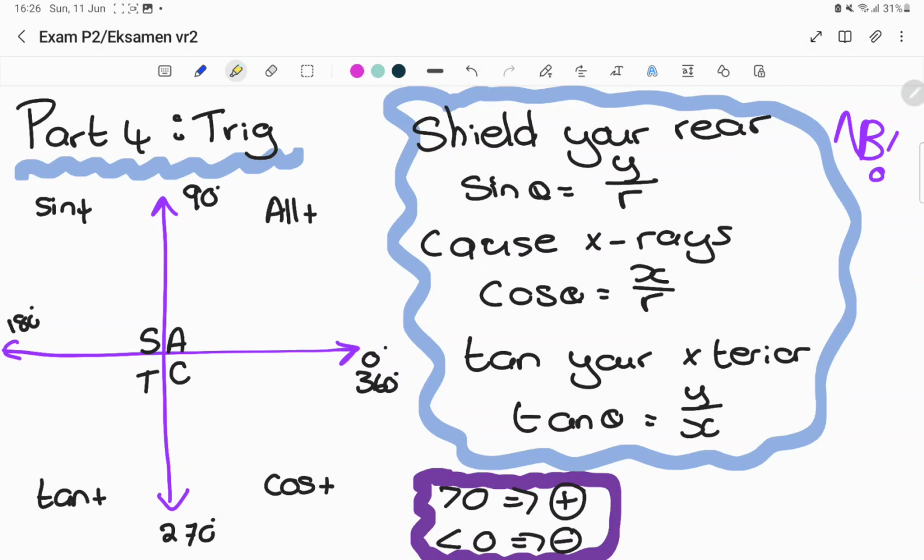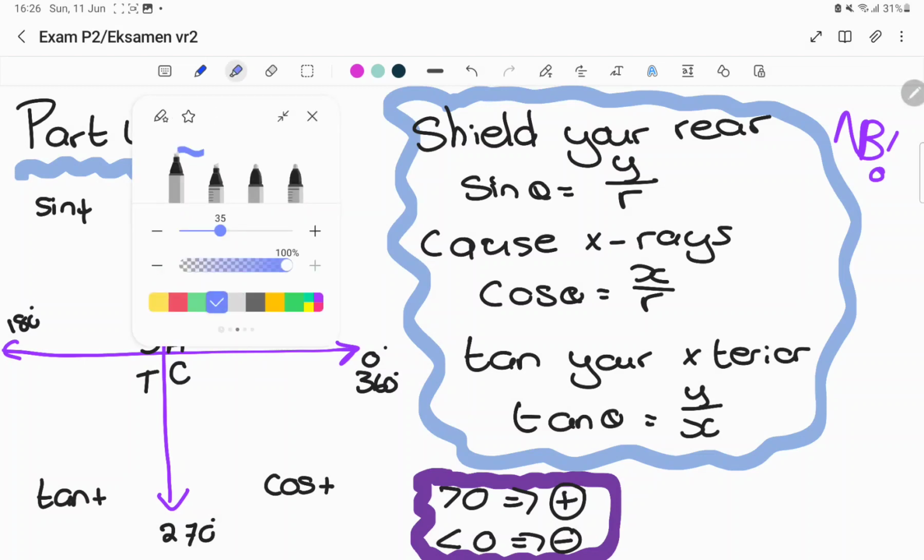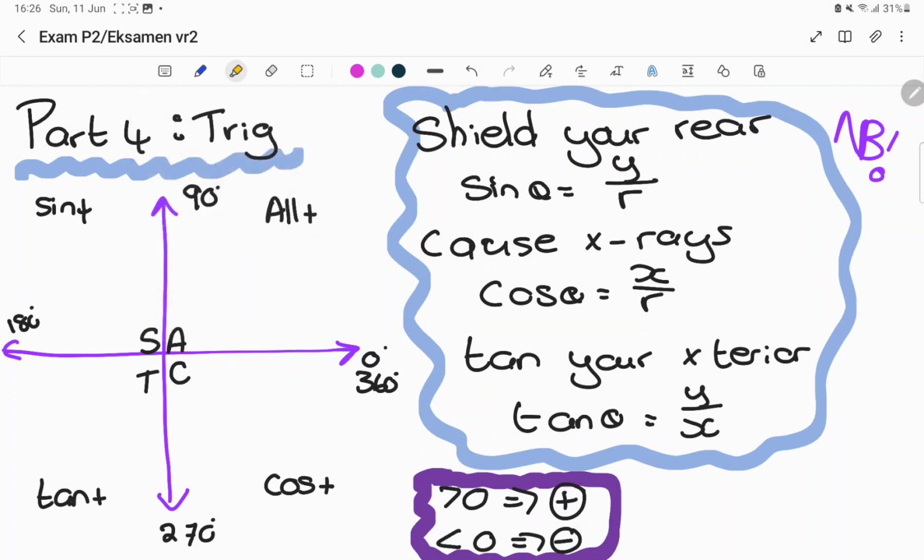Now, a little rhyme I teach my learners is the following. Shield your rear, cos x-rays tan your exterior. Now, if you study this, you will never have it incorrect. So, shield your rear means that sine is equal to your y value over your r value.